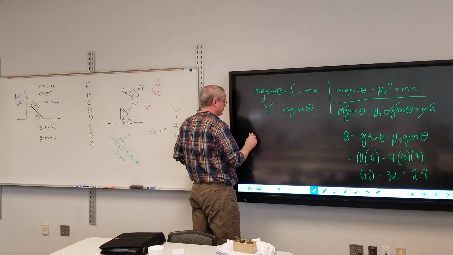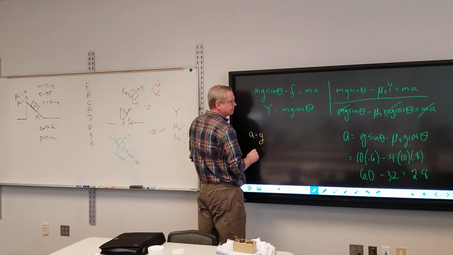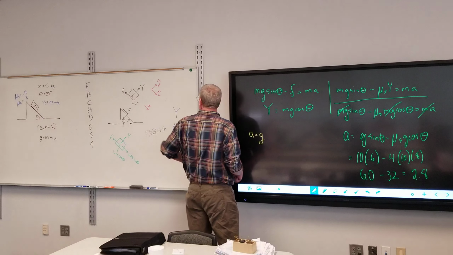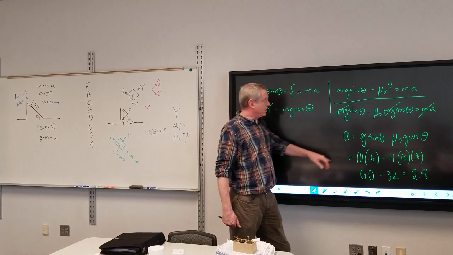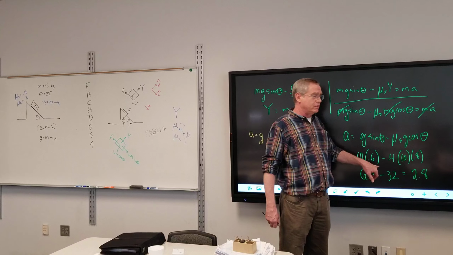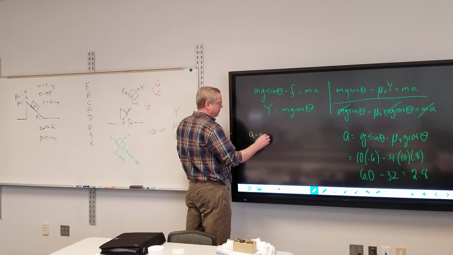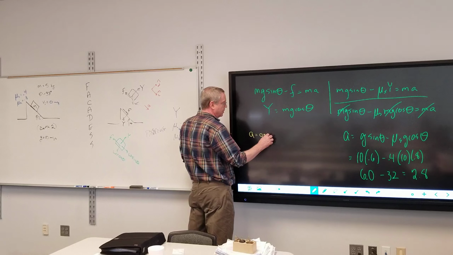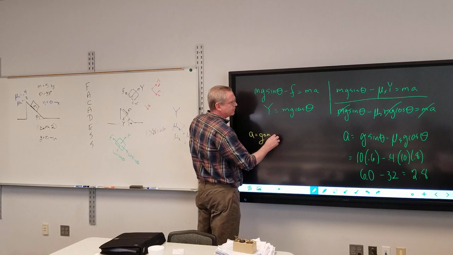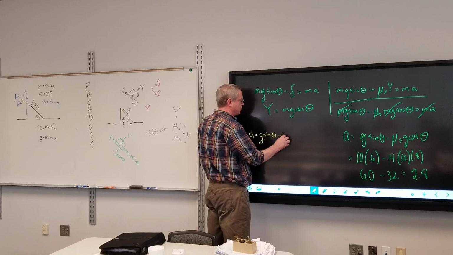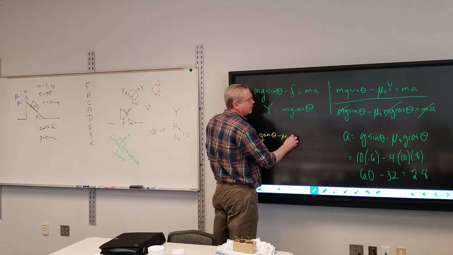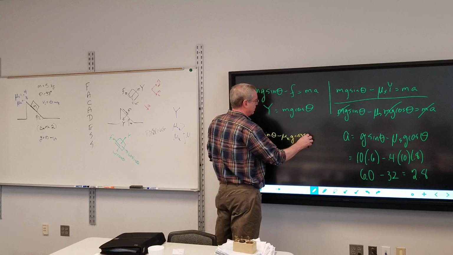Question: where did the 0.6 and 0.8 come from? My angle was 37 degrees, and the sine of 37 degrees is about 0.6, and the cosine is about 0.8. So I have a equals g sine theta minus mu sub k g cosine theta.